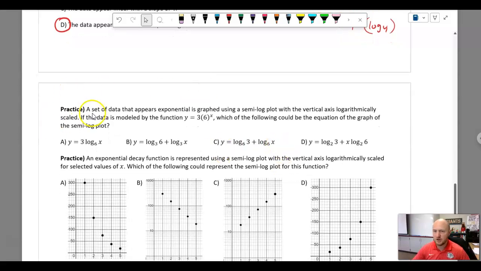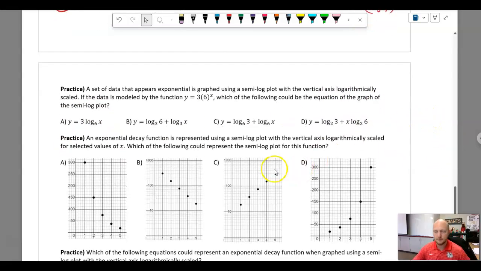Very similar question here. A set of data appears exponential and is graphed using a semi-log plot with the vertical axis logarithmically scaled. If the data is modeled by y equals 3 times 6 to the power of x, which of the following could be the equation of the graph of a semi-log plot? Okay, hopefully you got it. We're looking for this x to be attached to log of 6.